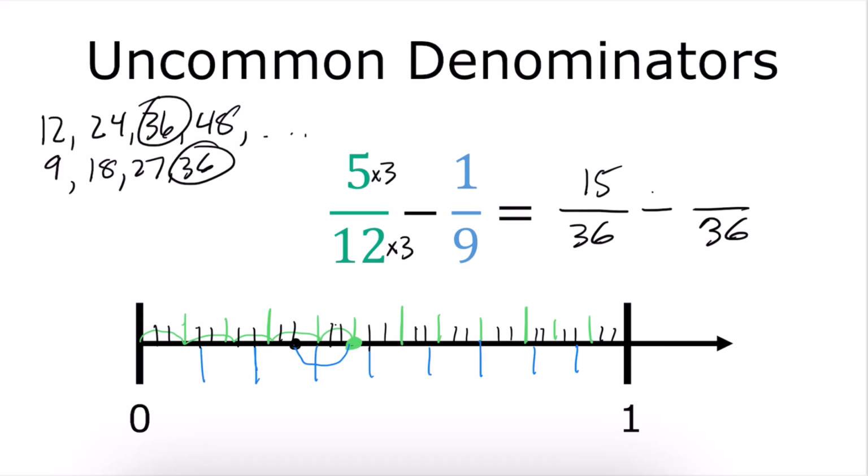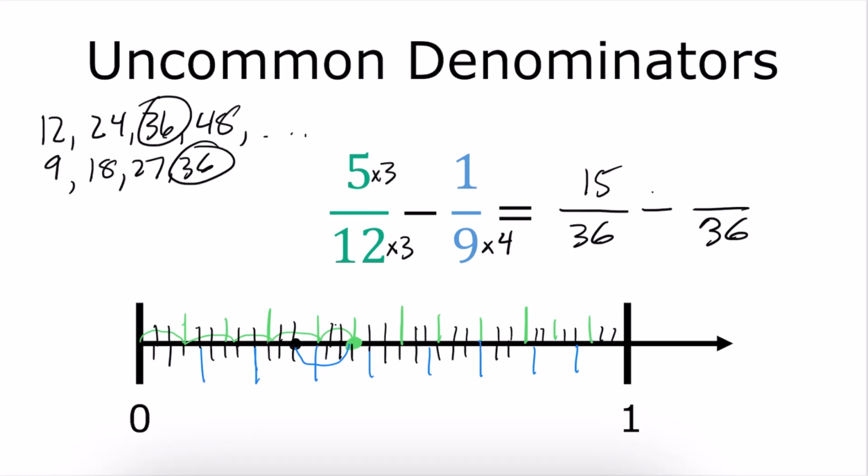And then I'm going to do the same thing with the ninths. And to change ninths to 36, I need to multiply by 4, which means that I'm going to split up each of the distances between these blue tick marks into fourths, which looks kind of like this. Yeah, like that. And notice that all of these tick marks are lining up.